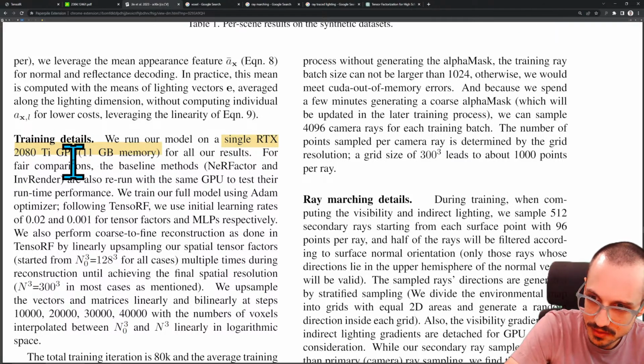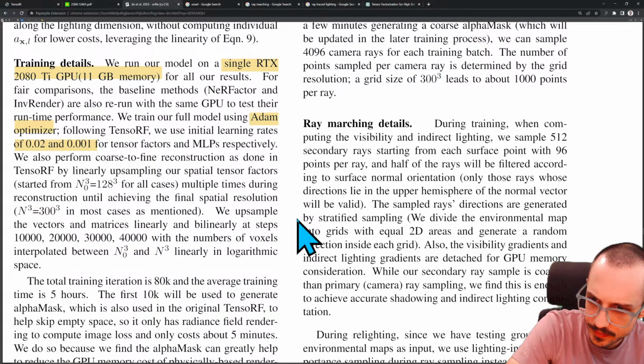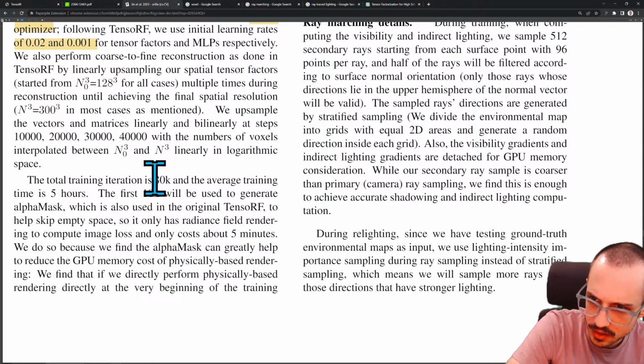It's very impressive. Adam optimizer, of course. Initial learning rates of 0.02, 0.001. They upsample the tensors, total amount of 80,000 steps of training.